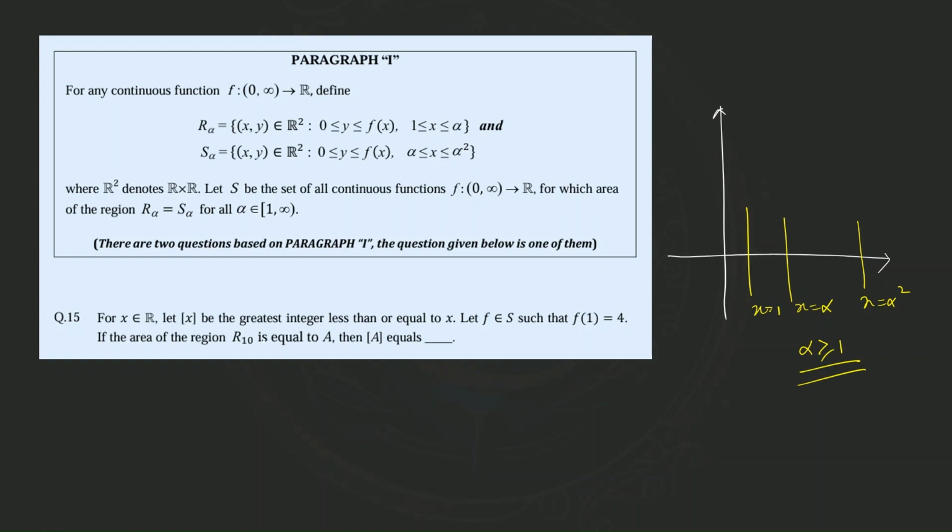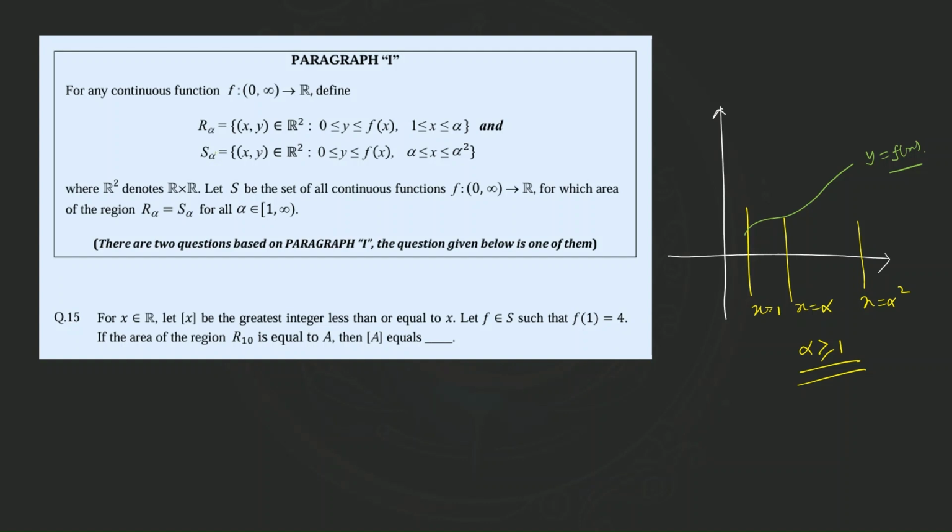So we have this function. Now see, this function is positive, so 0 less than or equal to y less than or equal to f(x) means it is a positive function in this interval. So the graph of y equal to f(x) will be above the x-axis. Let's say this is our y equal to f(x).